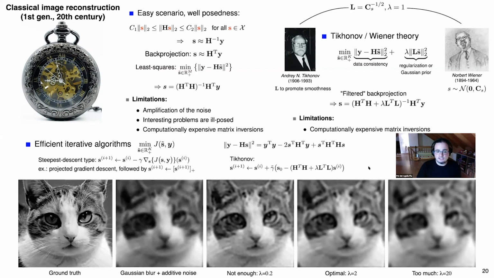But here, of course, there's the choice of lambda, which regulates the compromise between smoothing the image too much and letting the effect of the noise in too much. In this example, we see that with lambda 0.2, the noise is still apparent. With lambda equal to 2, it seems to be an ideal compromise, because with lambda equal to 20, we have an image that is way too smooth.